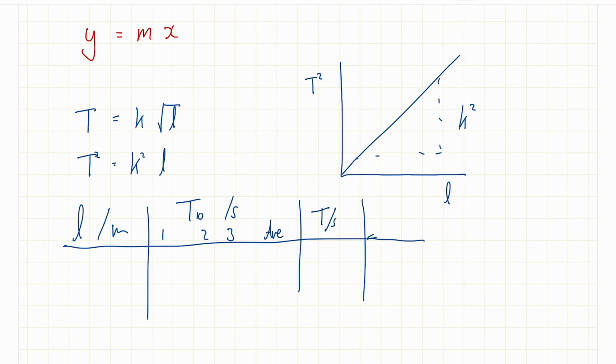I'd like you to add an extra bit, T squared, and with time squared, the unit's also going to be squared, s squared. And I would like you to plot your length and your time squared. So time squared on the y-axis, length on the x-axis. Hopefully you should end up with a straight line through the origin.